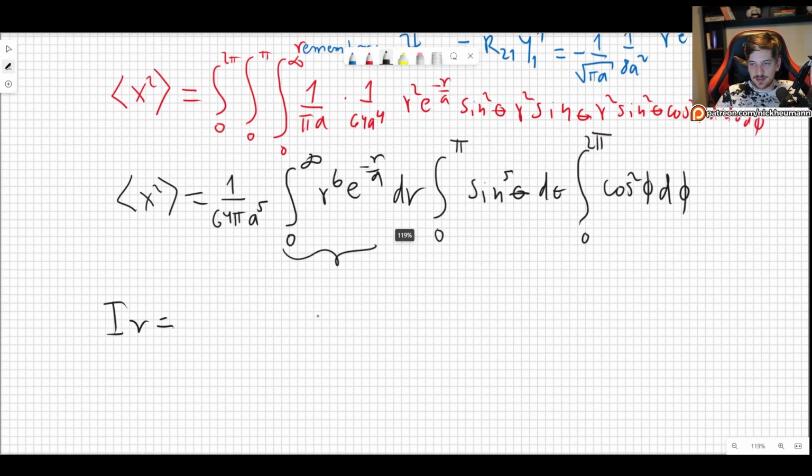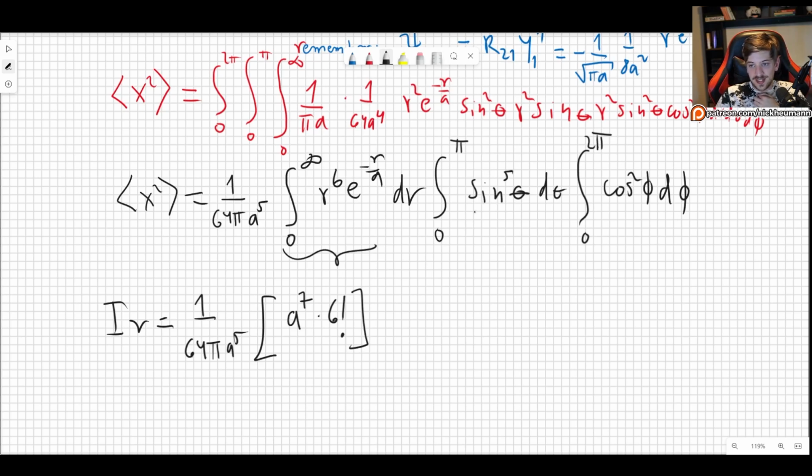It's not the same integral, but it's the same kind of integral, so you can use the formula. So this would be 1 over b to the m plus 1. So this would be 1 over 1/a, or simply a. And m here is 6, so we get 7. And then we have to multiply by 6 factorial. Okay, so that's the first integral.